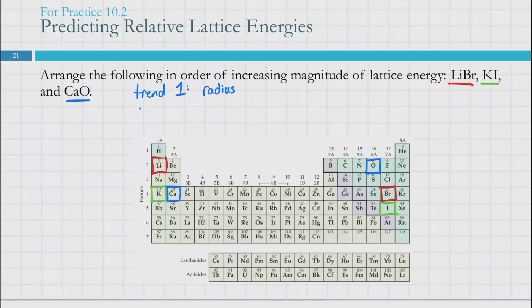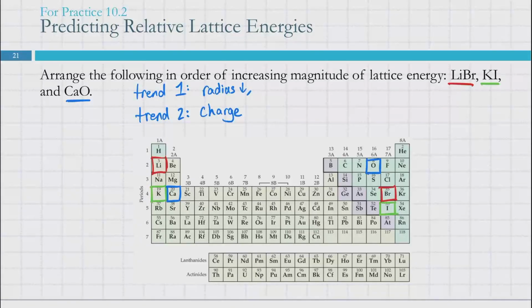What's our other trend? Charge. How do these trends affect the magnitude of our lattice energy? When radius does what, what happens to the magnitude of our lattice energy? Does our lattice energy increase when radius increases? It's the opposite.